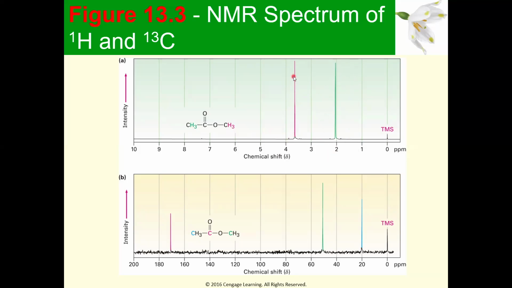So this pink signal is generated by these pink color-coded hydrogens, and notice they are further downfield. They are more deshielded, and the reason why is because those hydrogens have an electronegative atom, this oxygen, nearby. So they are slightly deshielded, and so they are further downfield than the hydrogens generating that green peak. Okay, they don't have the oxygen as close.